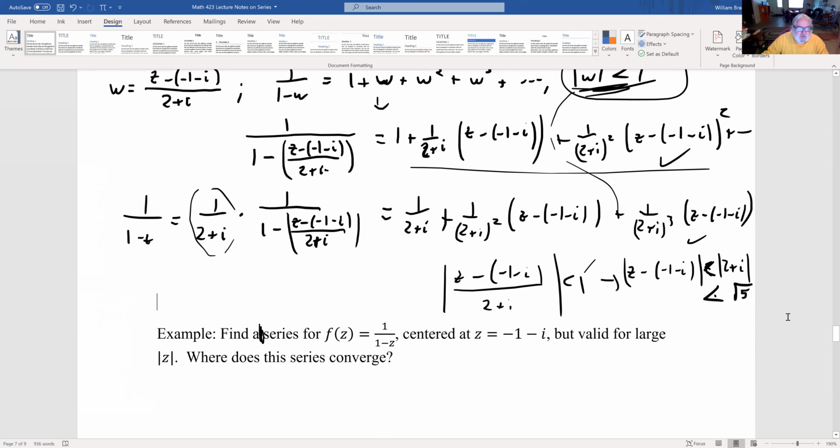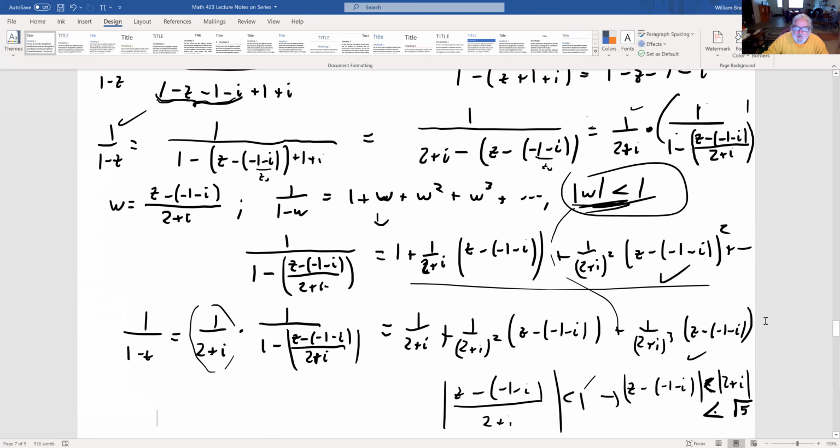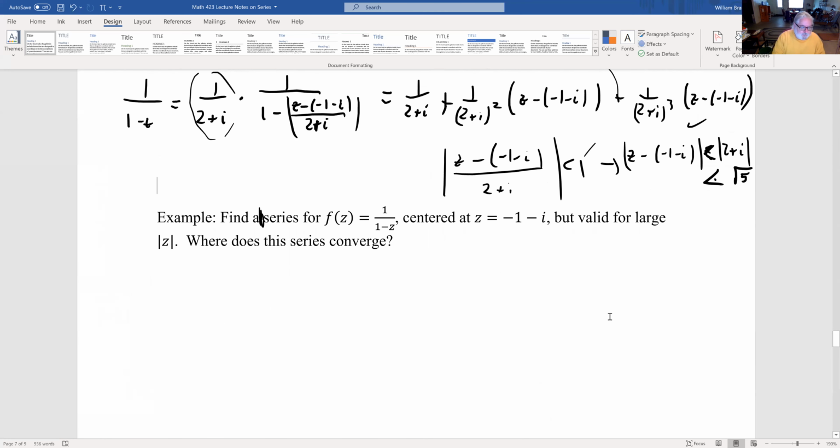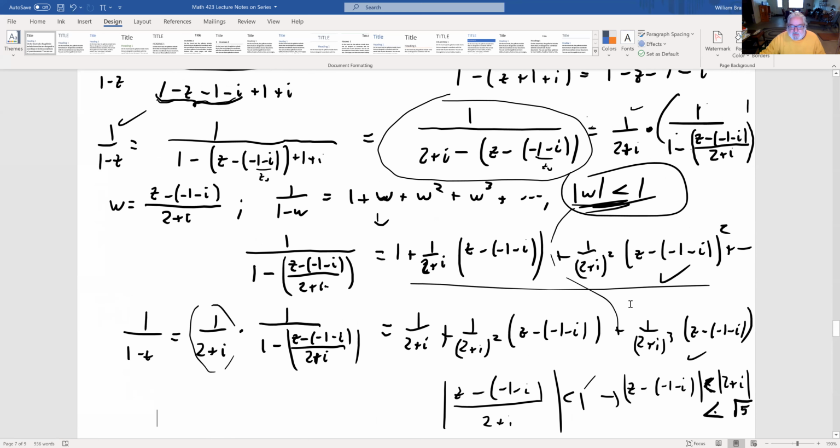So we'll go back to this. We have 1 over 1 minus z equals 1 over 2 plus i minus, got to keep track of my parentheses, minus z minus the center.